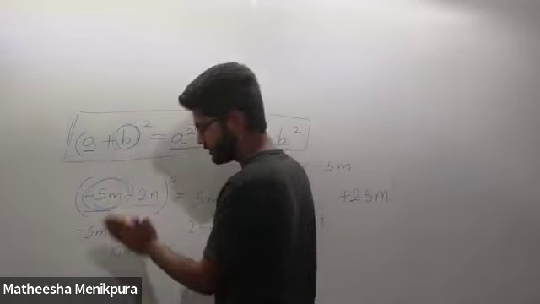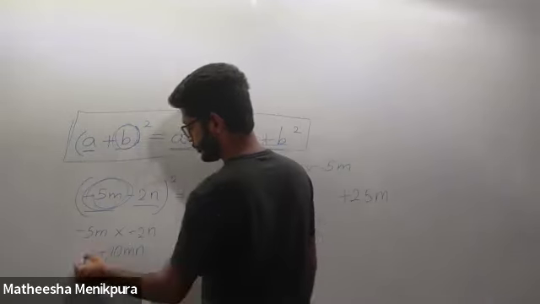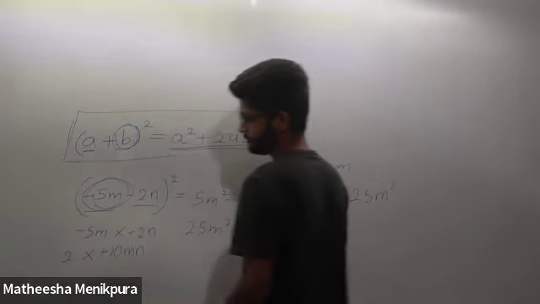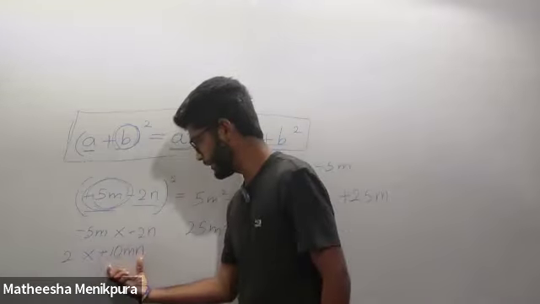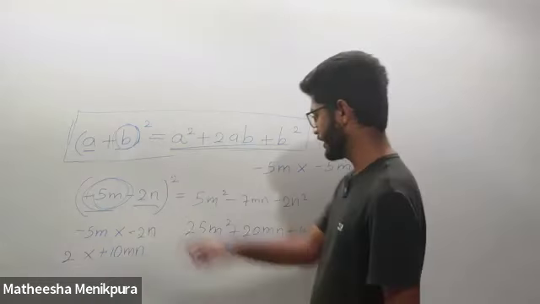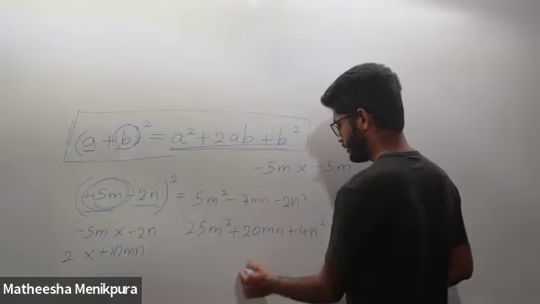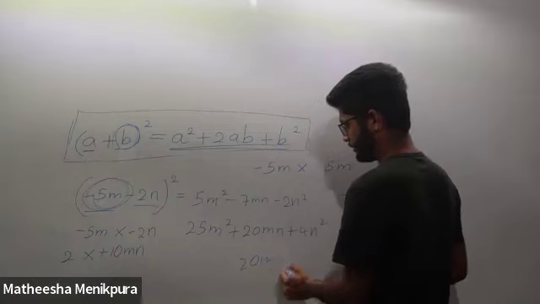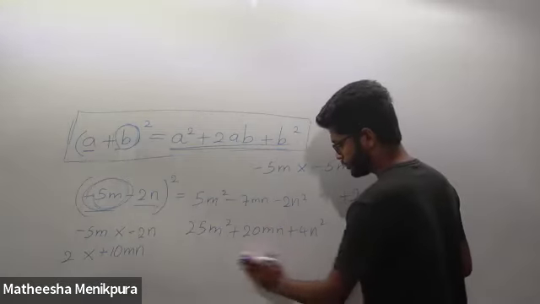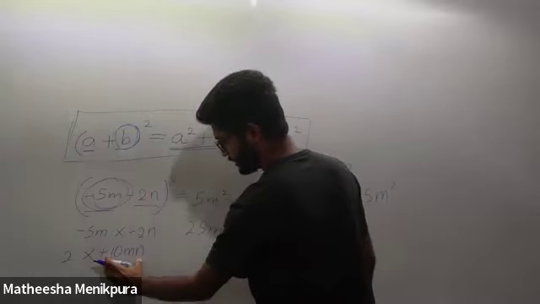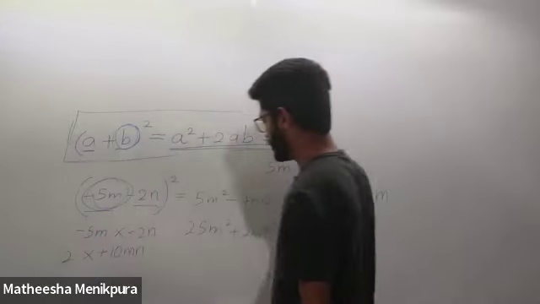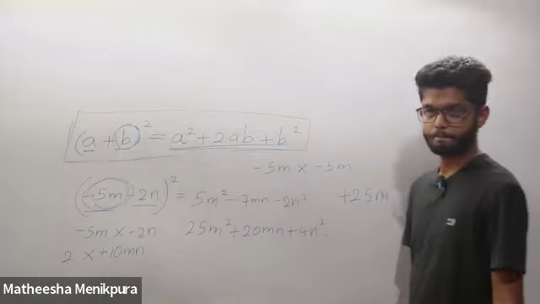Now take the double of that. 10mn multiplied by 2 is 20mn. Yes, we got it here, 2 points.